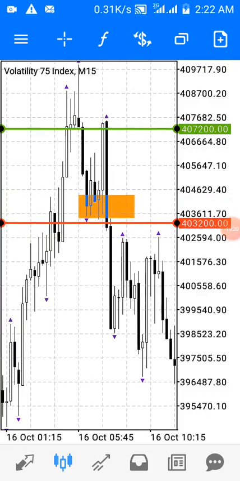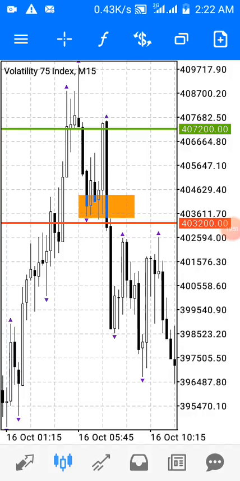But if it comes up to meet your hedge trade here and it triggers this hedge trade and you immediately have 2 trades running, then you set take profits for both trades and you place the second hedge trade.